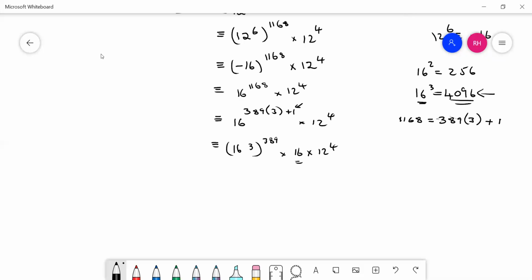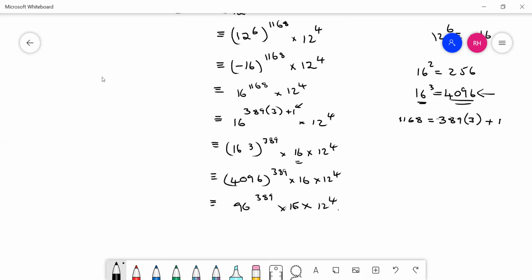Okay, now 16 to the 3 is 4096. And when I look at 4096, I just see 96 to the 389 times 16 times 12 to the 4. Okay. So I think I might just leave it there.